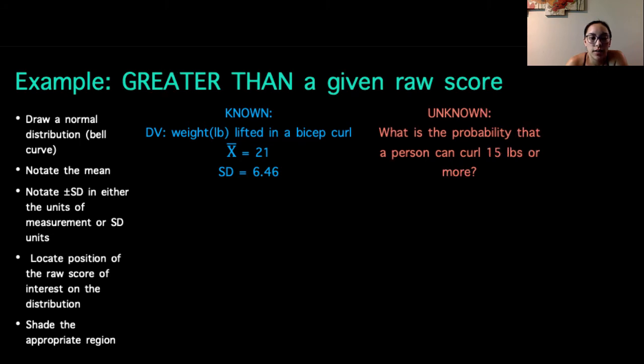Now let's do another example, but instead of looking at values below a certain raw score, we want to look at the probability a person can curl more than a certain raw score. So we'll do red pen color again. We have our distribution here.